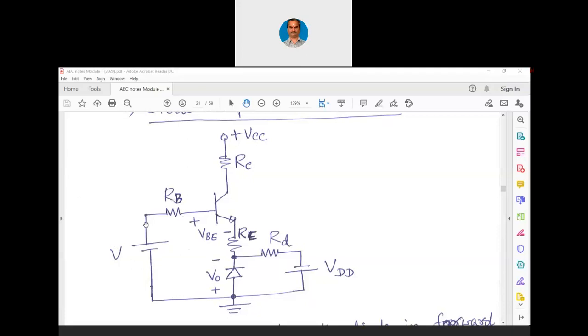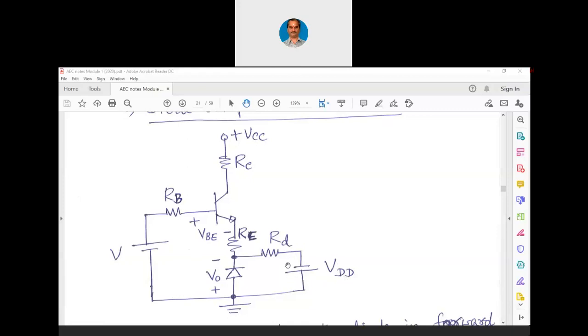Now just look at the circuitry. You don't have to worry much about the value of V or this value of VCC. The notation is slightly different here, because this circuit is taken from the third textbook of Millman and Hucky's. He has used the notation V here for the biasing supply at the base, and he has used one more power supply called VDD.